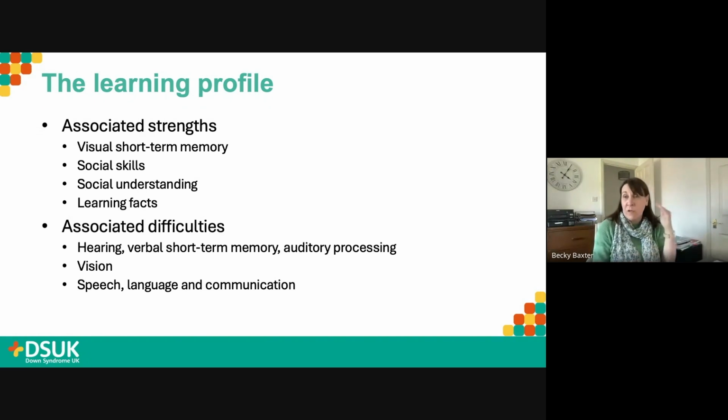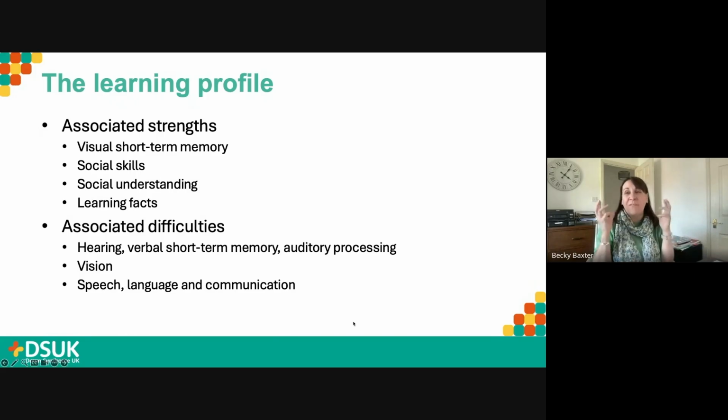Often receptive understanding and receptive vocabulary particularly can be a relative strength, but certainly expressive language, speech, and some of those pragmatic communication skills, like being able to stay on topic, being able to start a conversation, being able to repair when it goes wrong, being able to say, oh, sorry, I didn't understand what you said, or to be able to say, oh, no, you've misunderstood me. Those are all much more complicated communications, which often involve language.